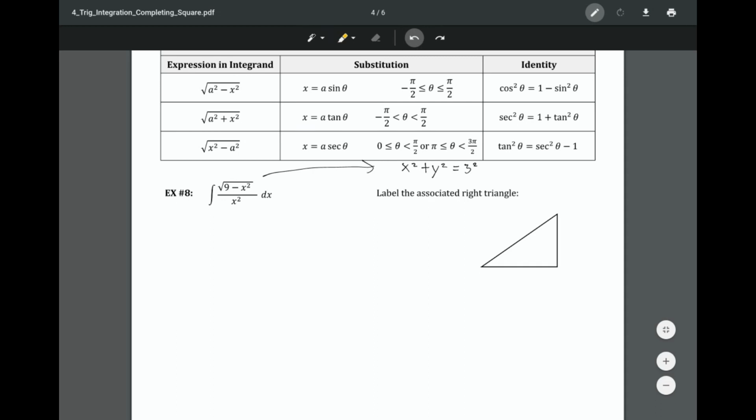Okay, so now I'm going to write this as x squared plus y squared is equal to 9. And I'm going to solve for y. So therefore, I'm going to take the square root of each side. So y is equal to the square root of 9 minus x squared.